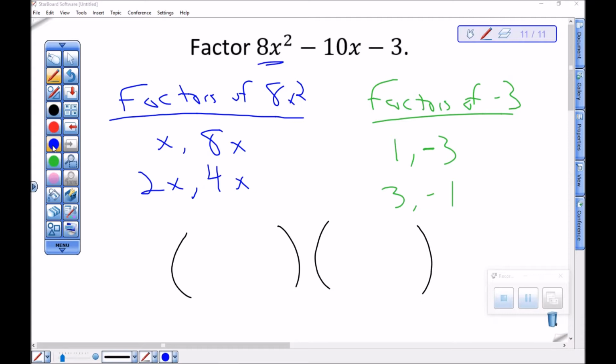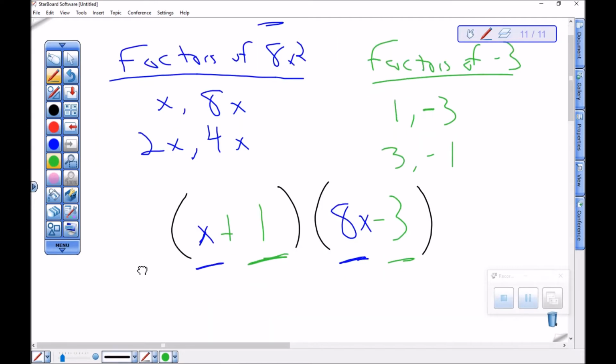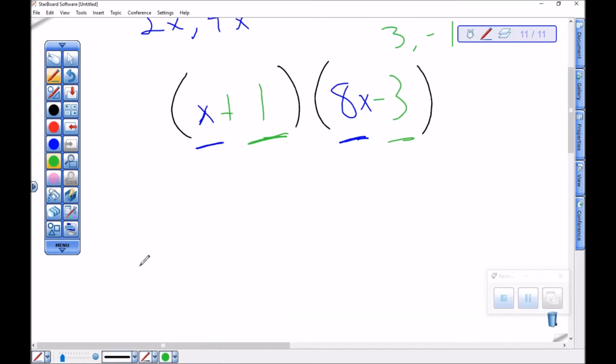I want two binomials where the first part comes from my factors of the ax squared, and my second part comes from the factors of the constant. So there's x and 8x, there's plus 1 and minus 3. And now I check. x times 8x is 8x squared.